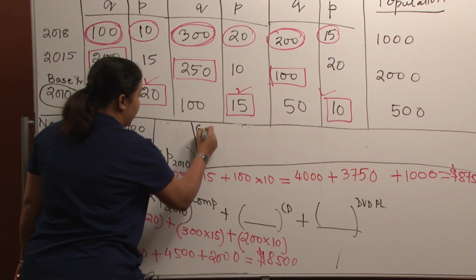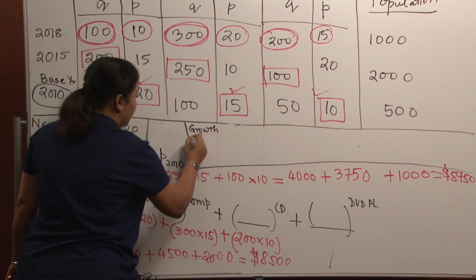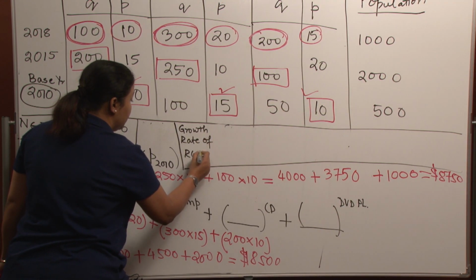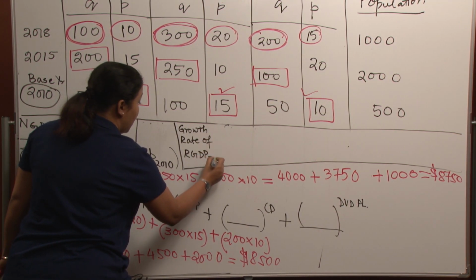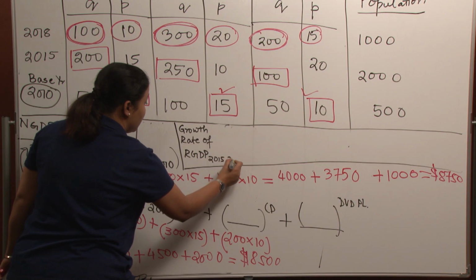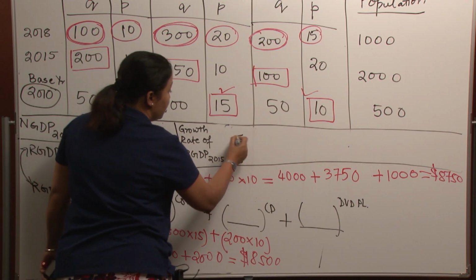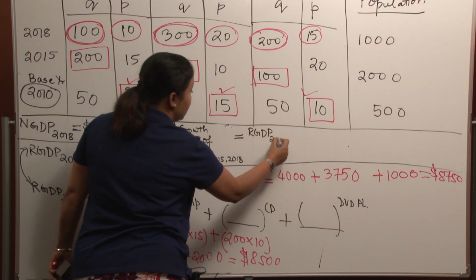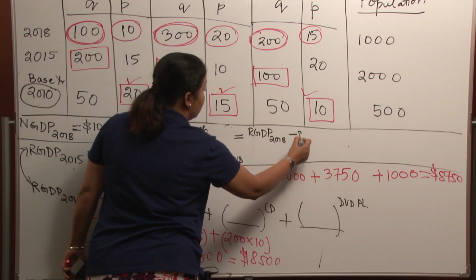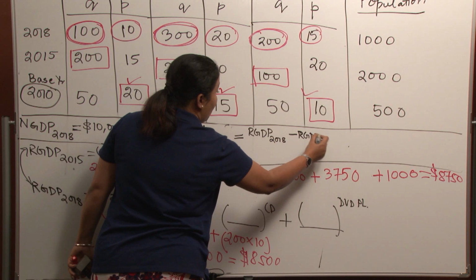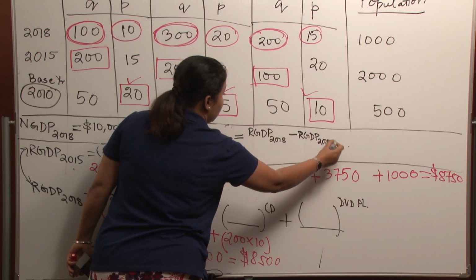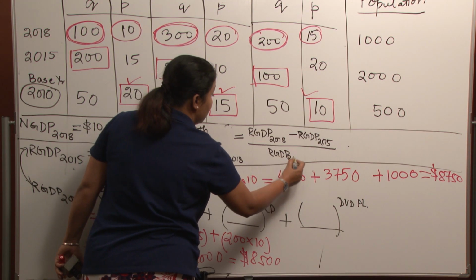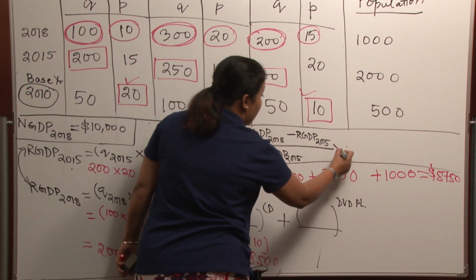So, growth rate of real GDP between 2015 and 2018, then I just use the real GDP of the more recent year, that is 2018, minus the real GDP of 2015 divided by the real GDP of 2015 times 100.